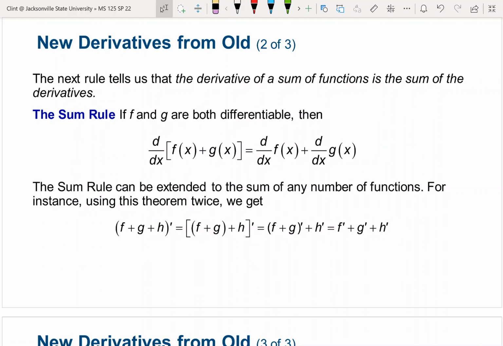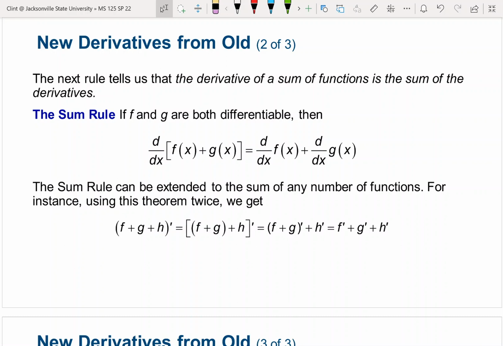And you can extend that idea to any finite number of functions. So if we have 3 functions added together and we want the derivative, then you can just think about the first piece and using our property twice.